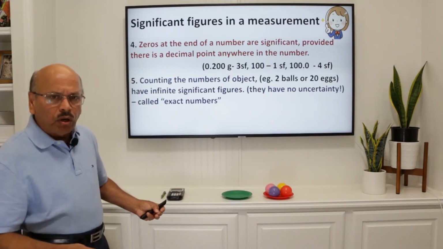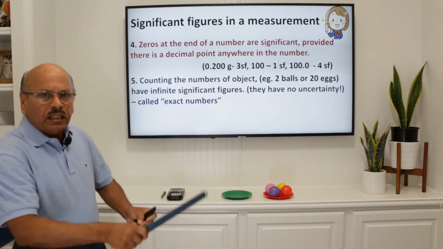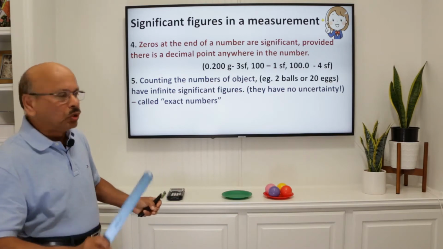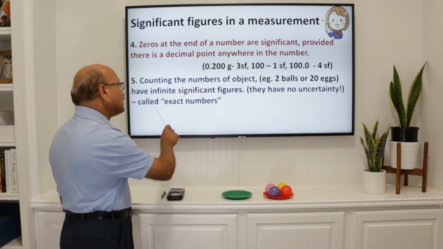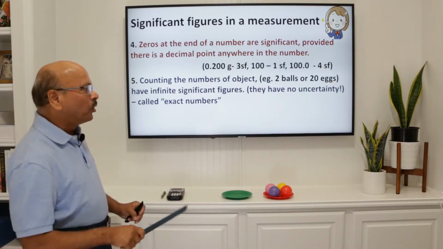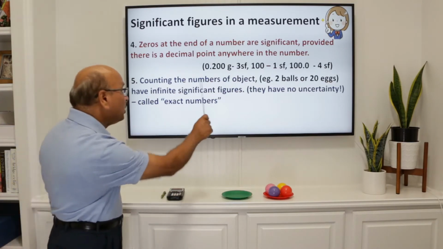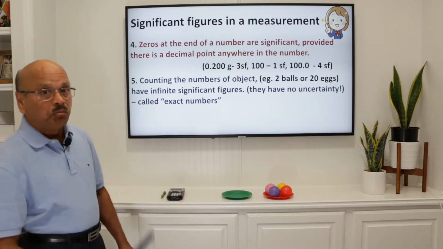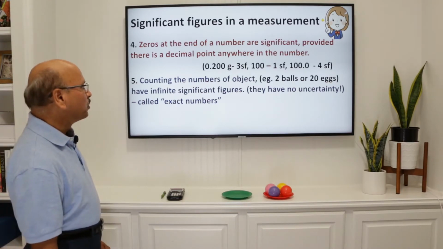There is no 4.1 or 3.99. That doesn't come there. So there is no uncertainty, and counted numbers are called exact numbers. And since there is no uncertainty, according to our idea of significant figures, that should have an infinite number of significant figures. Keep this in your mind while you are dealing with measurements.